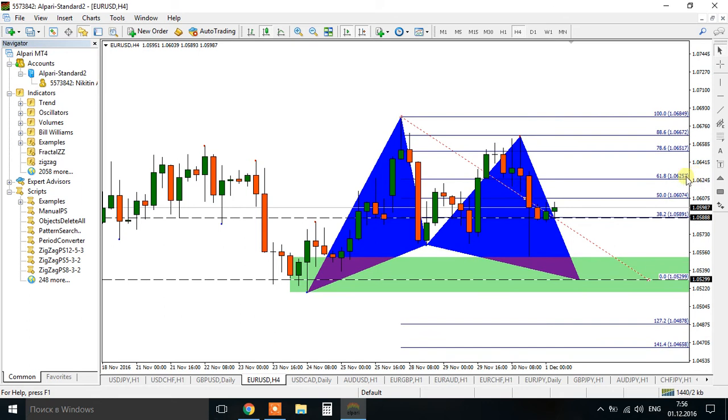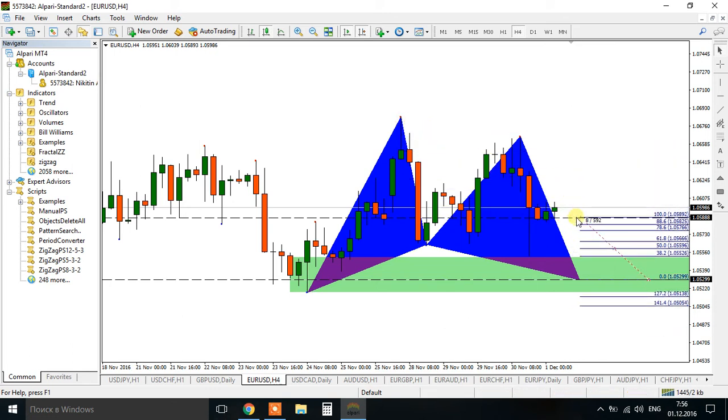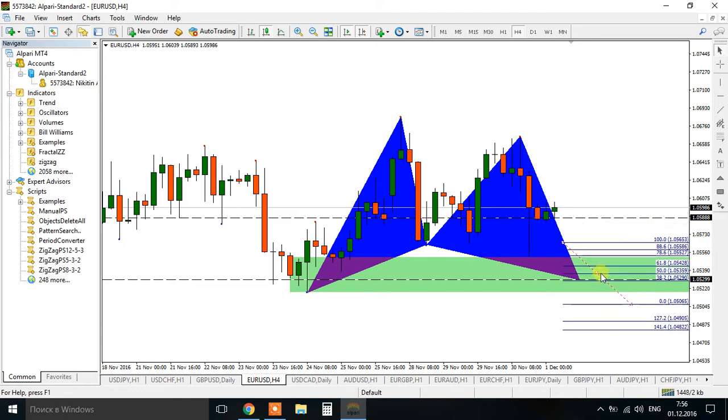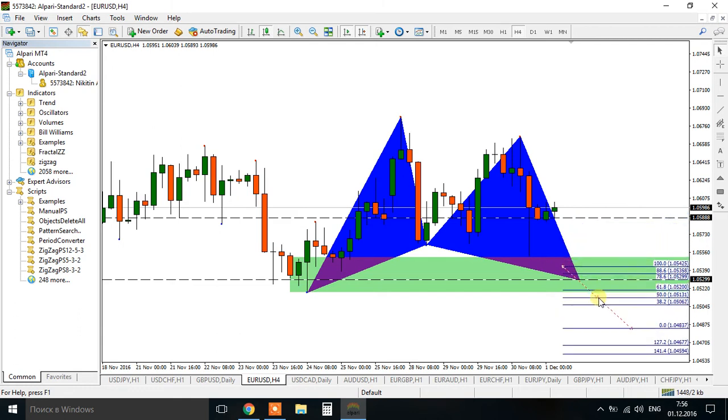And the risk, I usually put my risk as the 78.6 distance of the target. If this is the 100% distance, 60 pips, 100%, then the 78.6 will look this way.